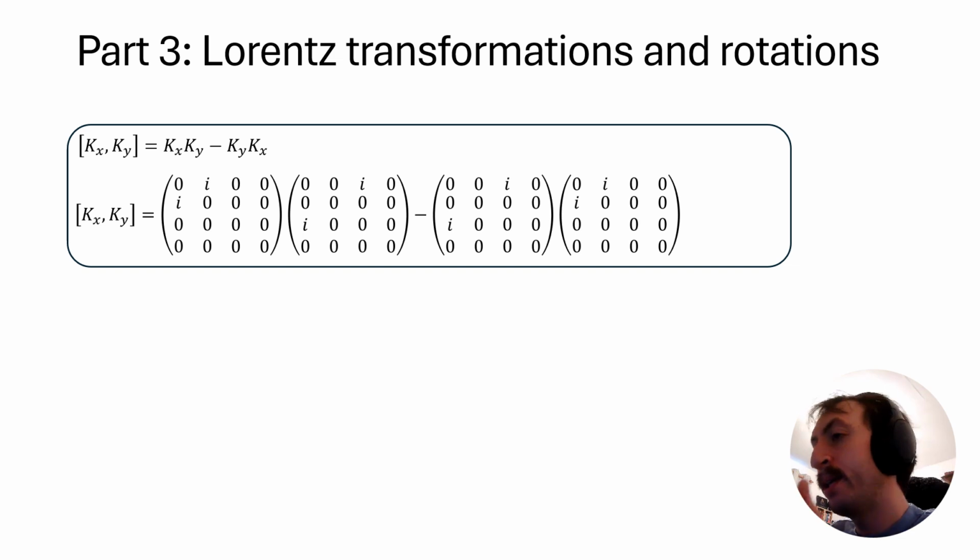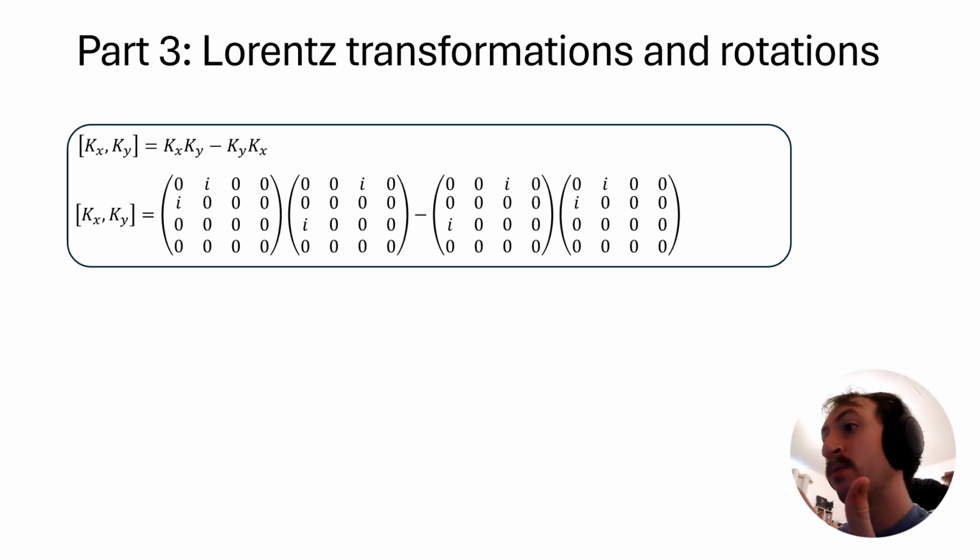And now if we put in the matrices for the boosts along the x and y axis, and we put in the explicit 4x4 matrices as their representation, we end up with this rather complicated looking expression for the commutator between Kx and Ky. Now, it looks really complicated because it's just really big. The matrices are 4x4.